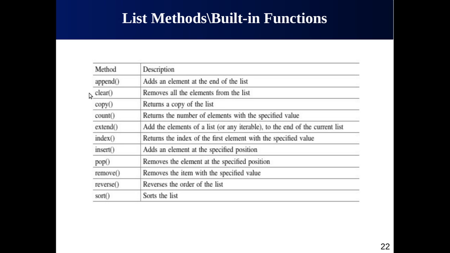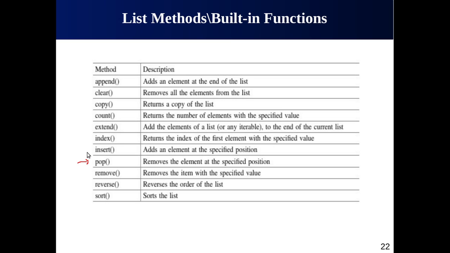You also have the clear method, which removes all the elements from the list. Similarly, we have copy, which will return a copy of the list. If you want to create a copy of the list, then you have to use this built-in method. We have count, which will return the number of elements with the specified value. We have extend, index, insert, and pop, which is actually a word that we use in data structures.